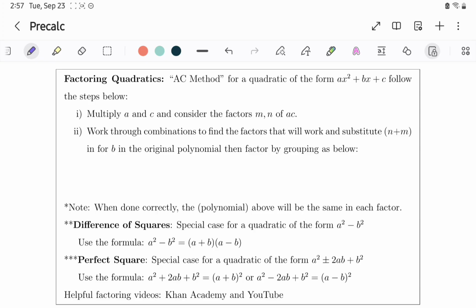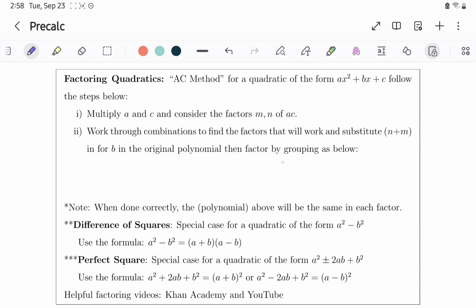So once we find two factors m and n whose product is equal to a times c, we can then substitute n plus m in for b, because we require n and m to add to b.